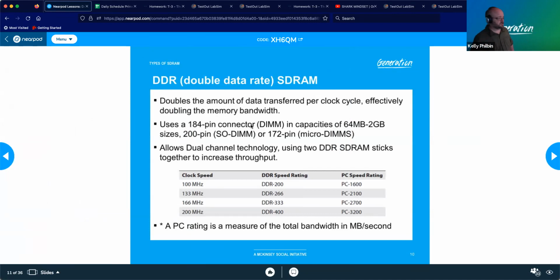So your DIMM or your standard has 184 pins. Your SODIMM has 200 pins. Your microDIMM has 172. This is information you need to know. Give about another 30 seconds to grab screenshots.